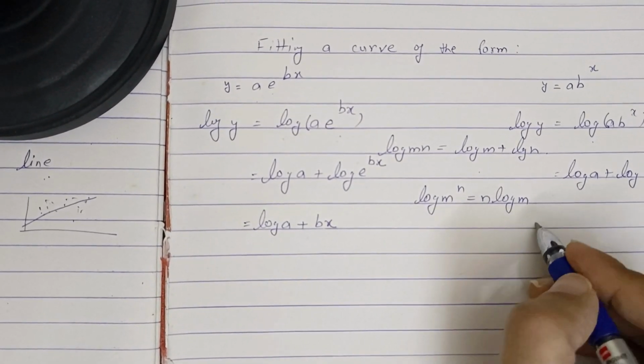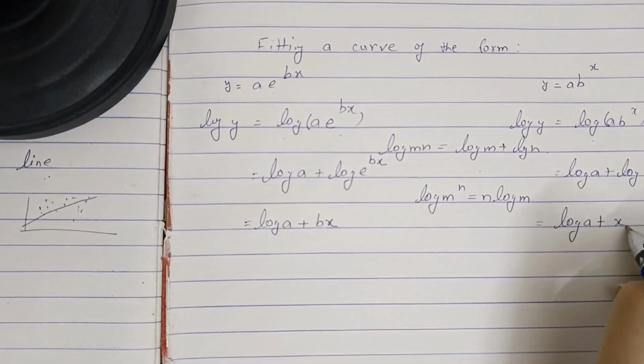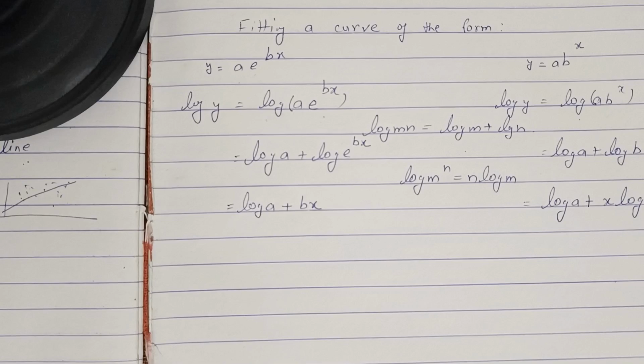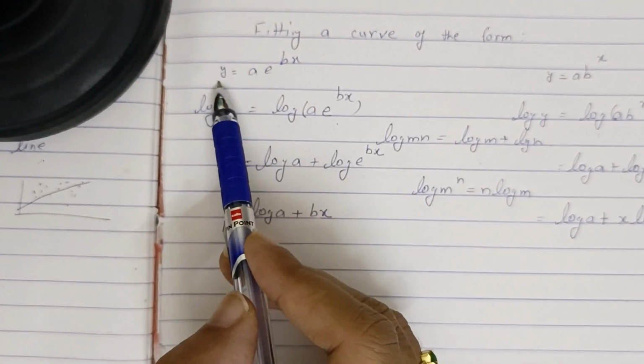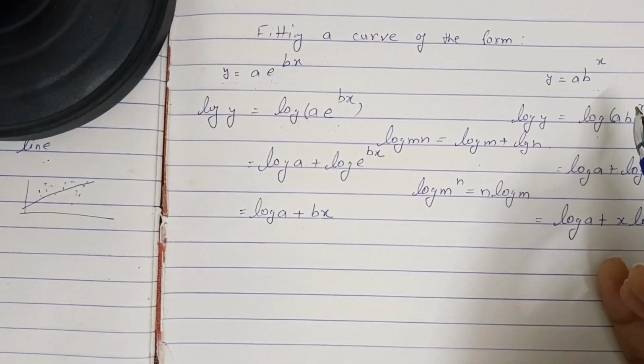Similarly, this side you will get log a plus x log b. This is what you get if you want to fit a curve of this form or this form into a discrete data.